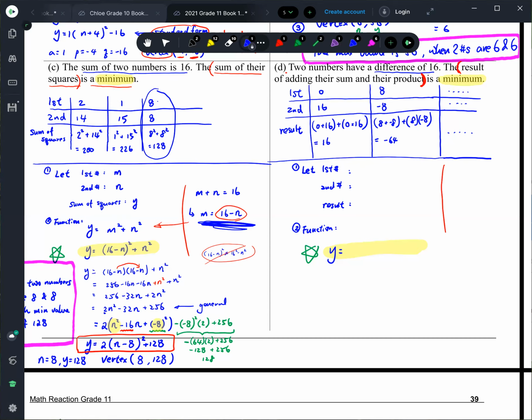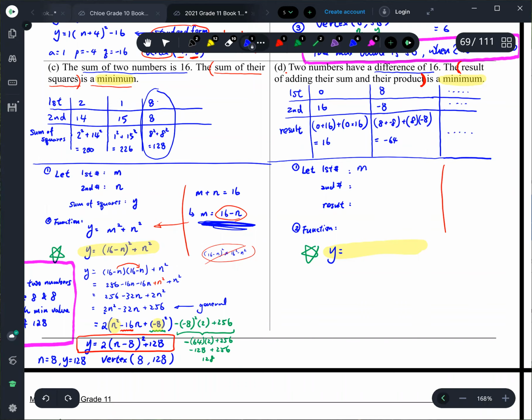Okay, we have 4 people who got the functions now. Go to the same order, okay?